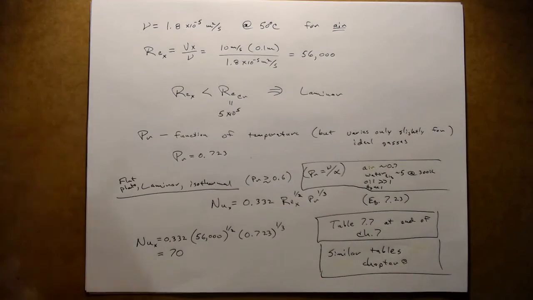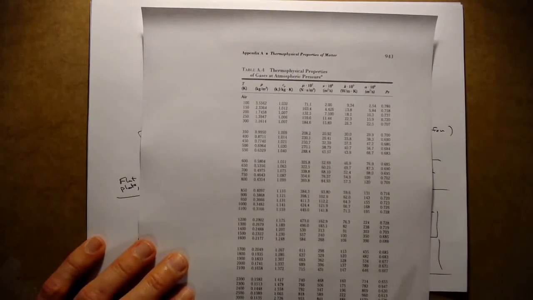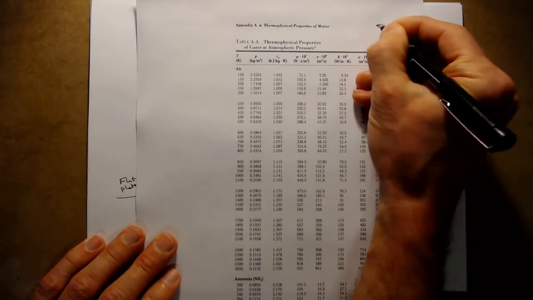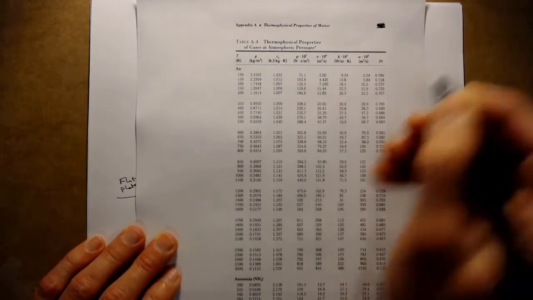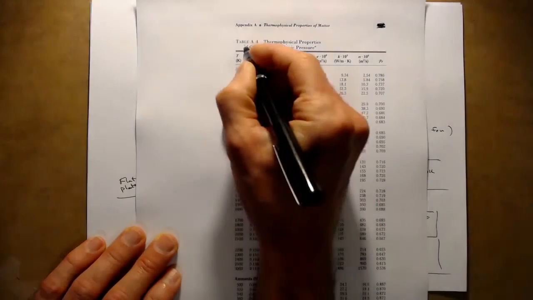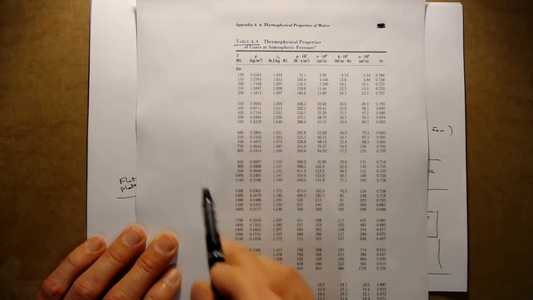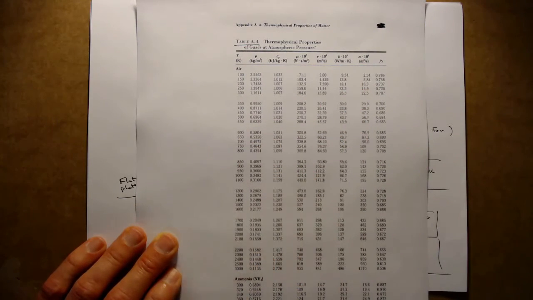This table in your book, probably not on that page number since this is from an older edition, but I believe it's still table A4, has thermophysical properties of gases at atmospheric pressure. You likewise have properties of liquids in another table.